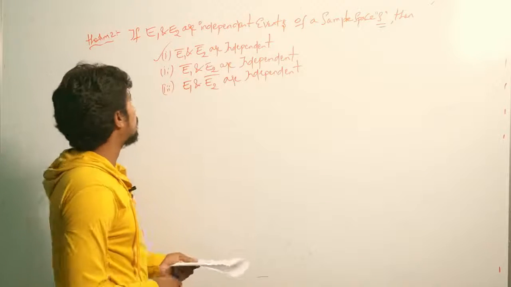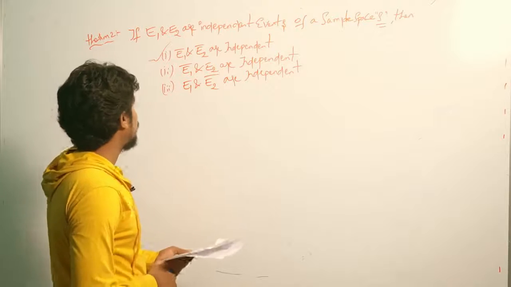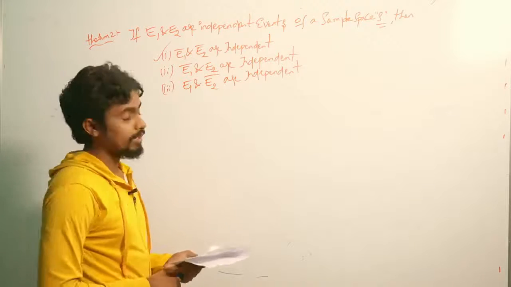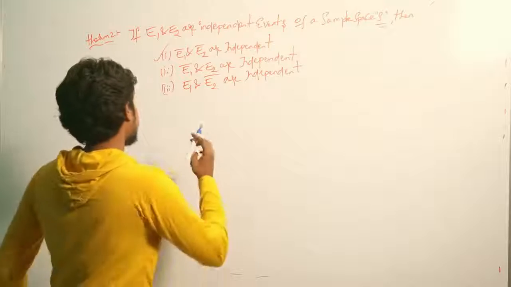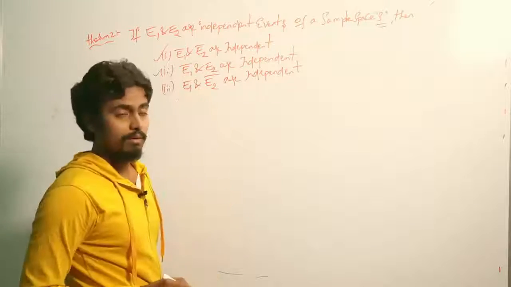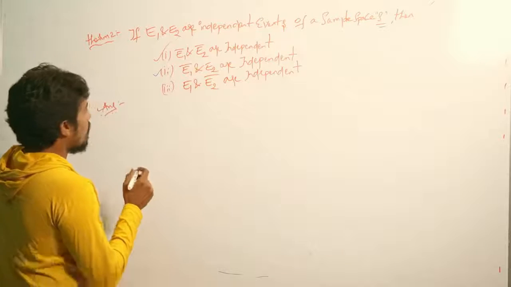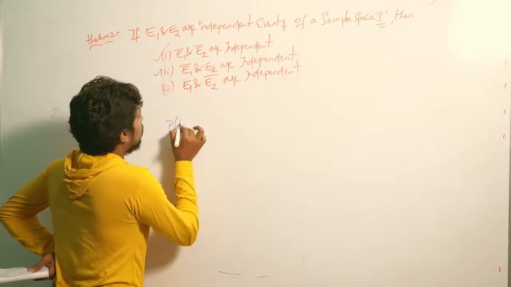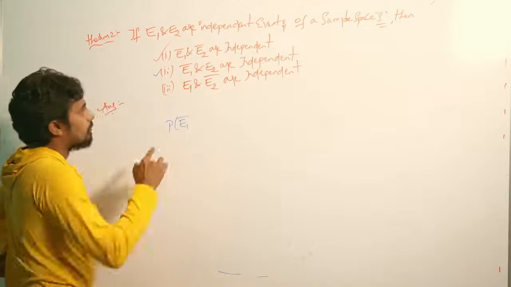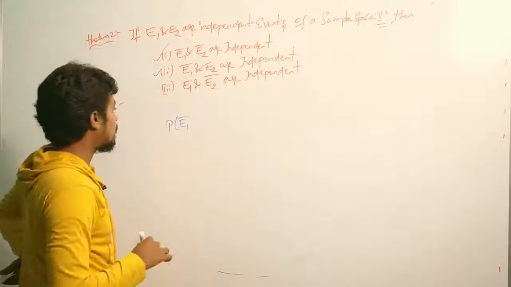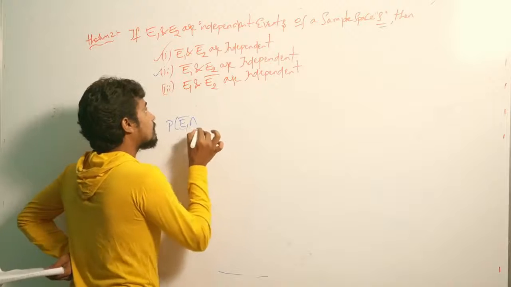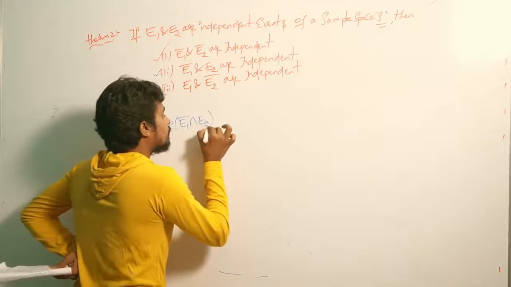One is easily completed. Next, we have to check whether E1 bar and E2 are independent events or not. We have to check for that condition. Here, what will be given? P of E1 bar, if you see the "and" symbol, you just put the intersection, E2.